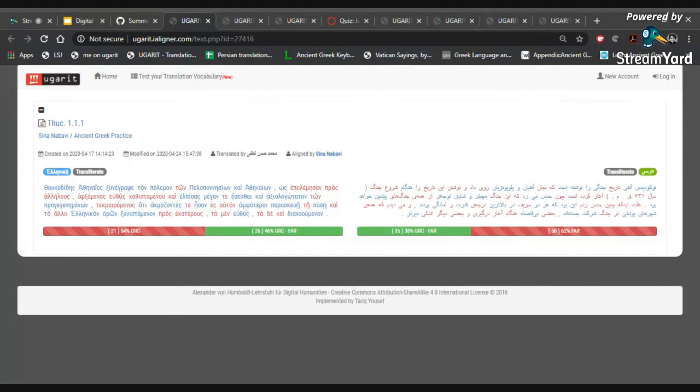In addition to that, looking at translation alignment as a learning tool, of course, it can help the learners to understand which part of the text has been translated in which way, and which part either has not been translated at all or has been translated very differently.